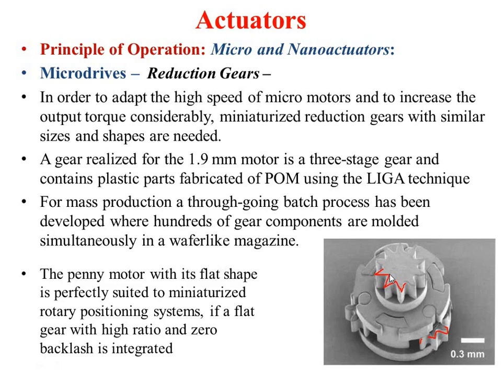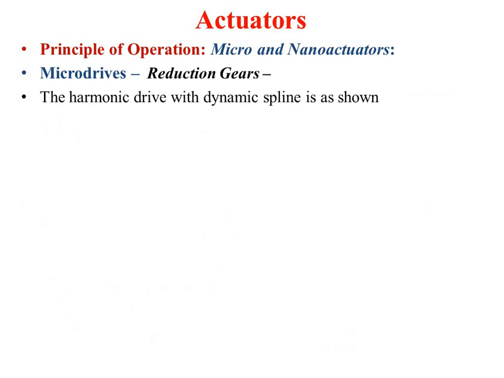So the penny motor with a flat shape is perfectly suited to the miniaturized rotary position system if the flat gear is of high ratio. So you have to maintain the ratio. We are going to see the example also, so you will understand how the ratio is going to affect it, and zero backlash is integrated. Now the harmonic drive with a dynamic spline is as shown.